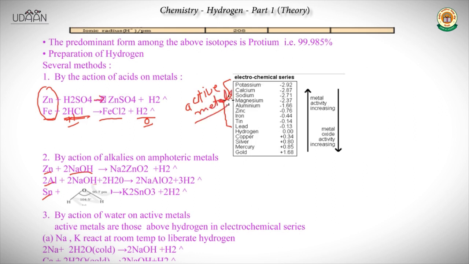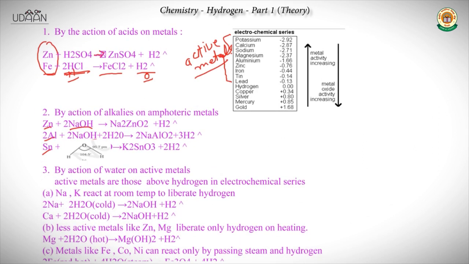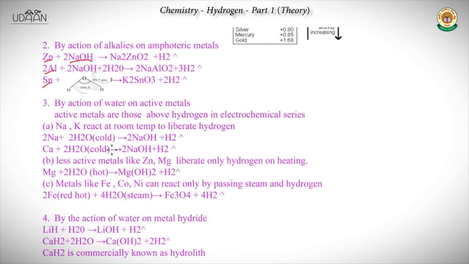Now we can say that these active metals will react with water. In these reactions, sodium reacts with cold H2O and produces NaOH plus H2. All these metals react with water somehow and produce H2.